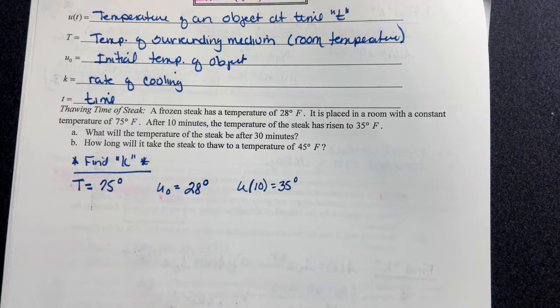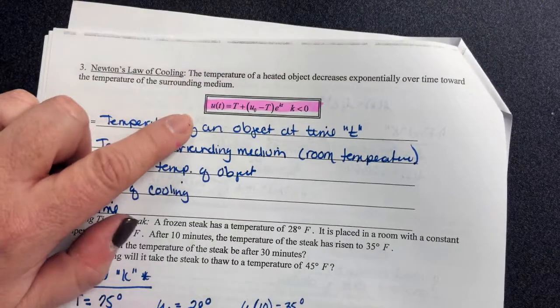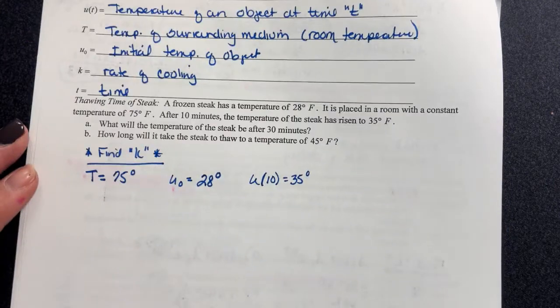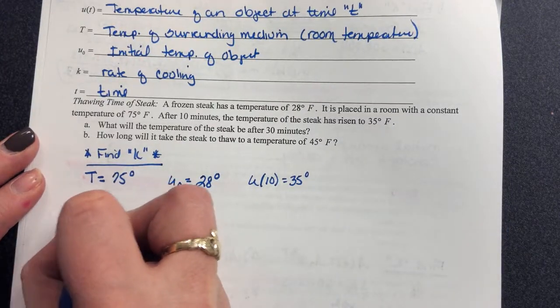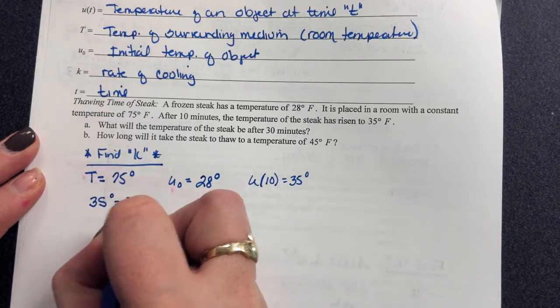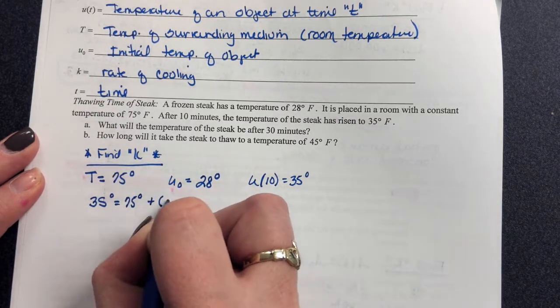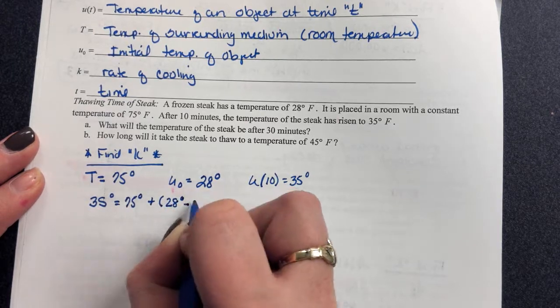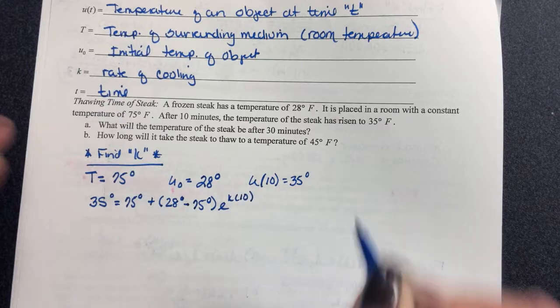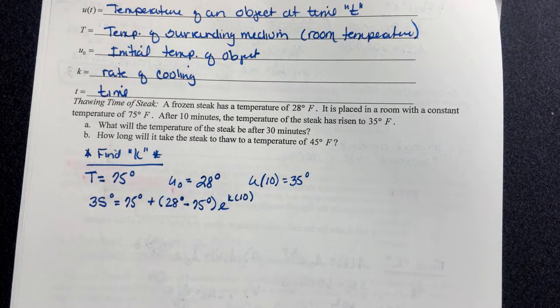Just like I did with all the other problems, I'm going to plug the variables into this formula and solve for K. So my U of t, 35 degrees, is equal to the 75 degrees plus my initial temperature of 28 degrees minus 75 degrees, times e to the K times 10. What's going to be your first step?